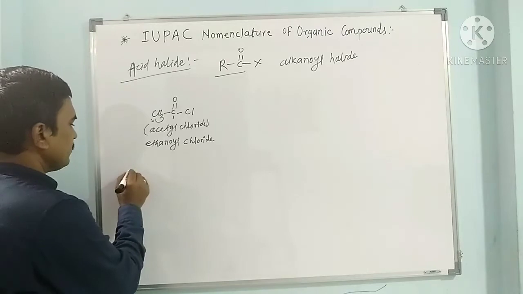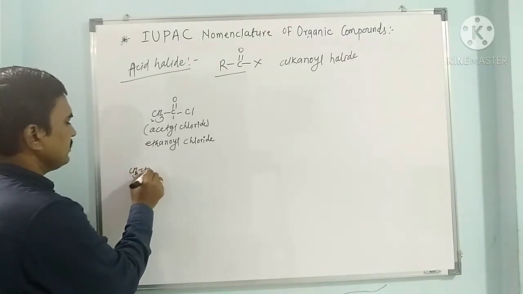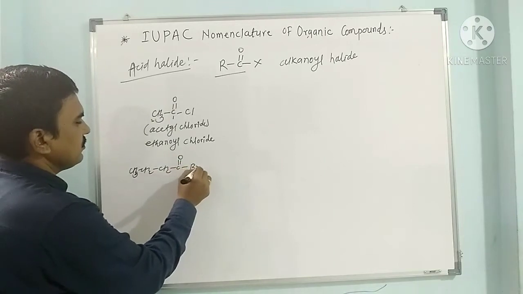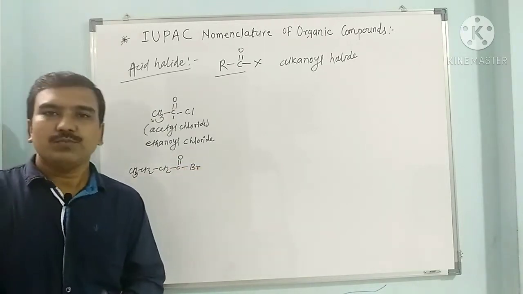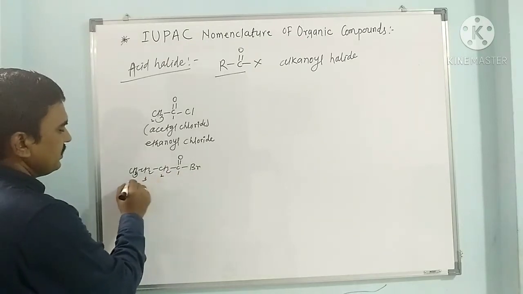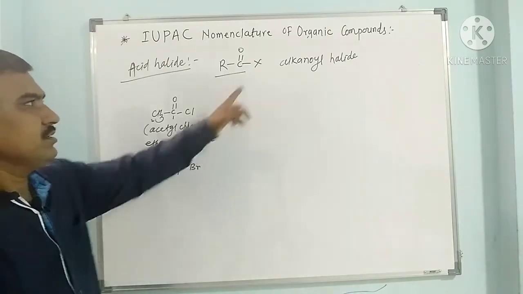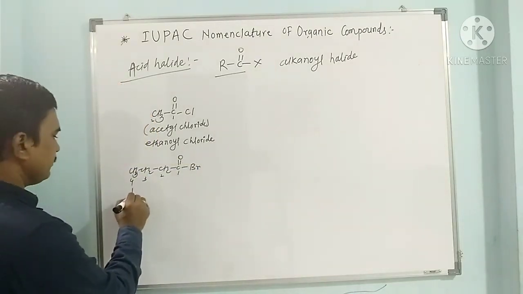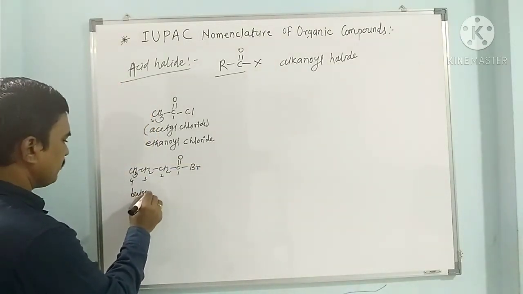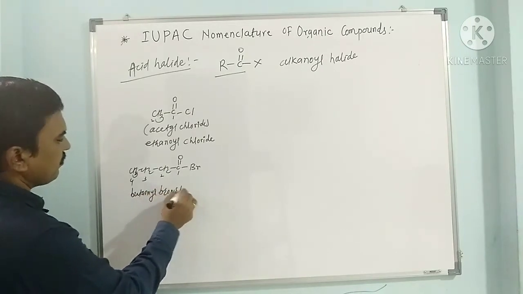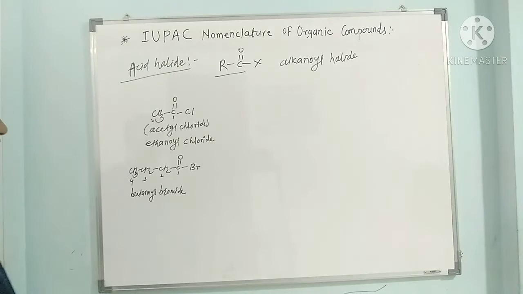If I have CH3 CH2 CH2 COBr, so it is bromide. How many carbons here? 1, 2, 3, 4. Butane, so the name is butanoyl. So it is named butanoyl bromide.